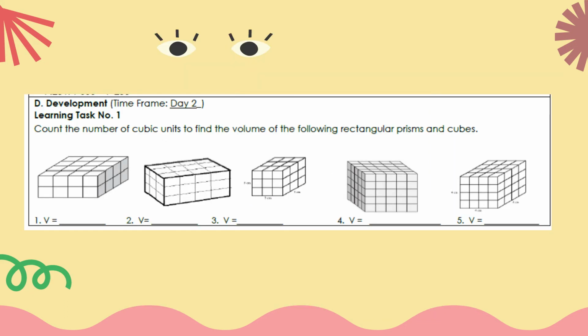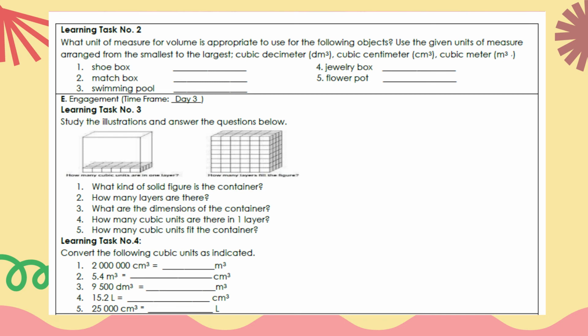For our learning task number 1, count the number of cubic units to find the volume of the following rectangular prisms and cubes. So we have 1, 2, 3, 4, and 5. For our learning task number 2, what unit of measure for volume is appropriate to use for the following objects?